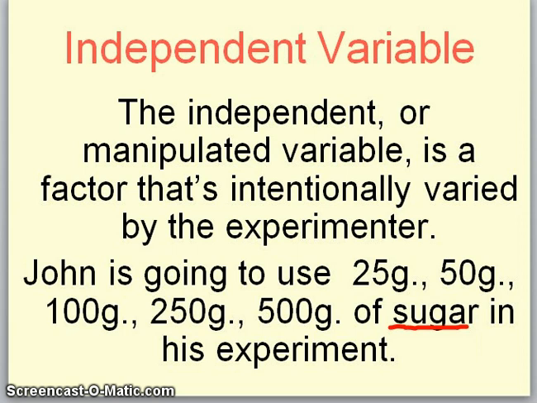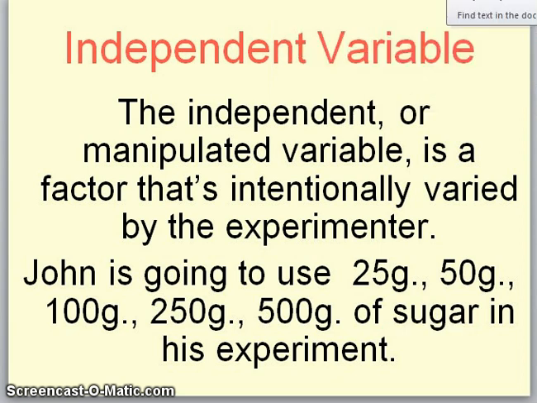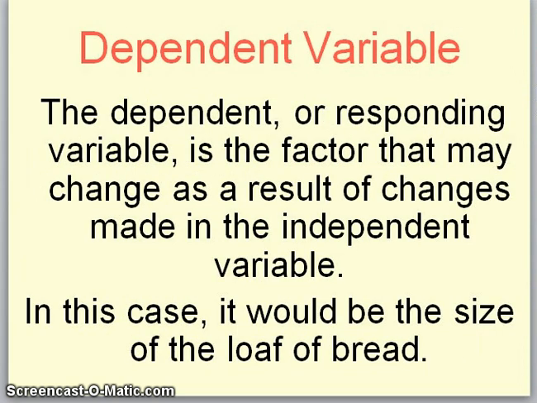So that's what the independent variable is. I'm going to get rid of this ink quick, and we're going to move on to dependent. If you need to pause at any time to write those down or rewind to put those definitions back in, feel free to do that.